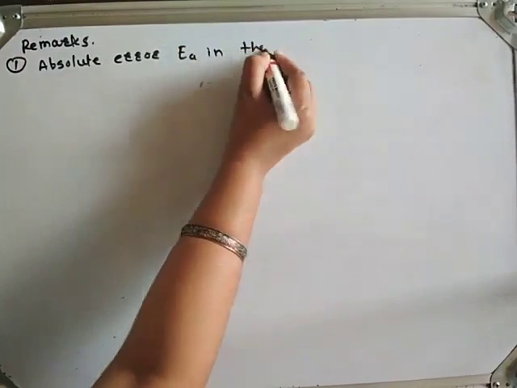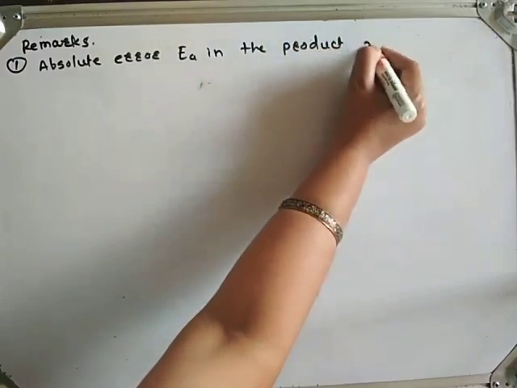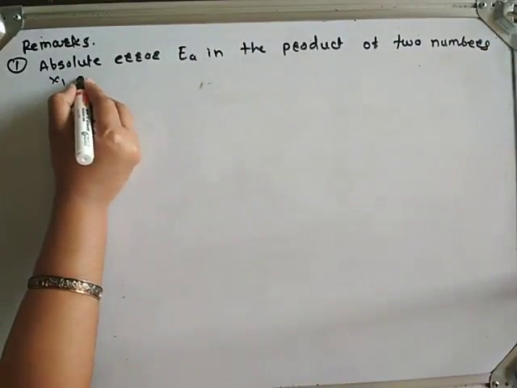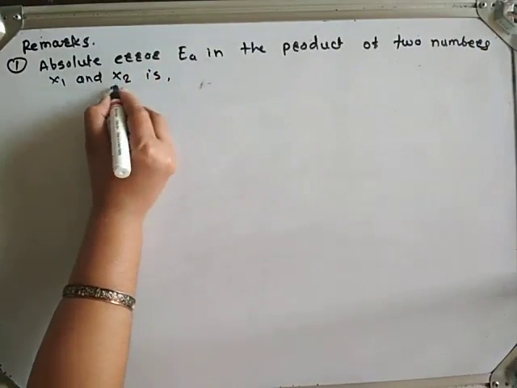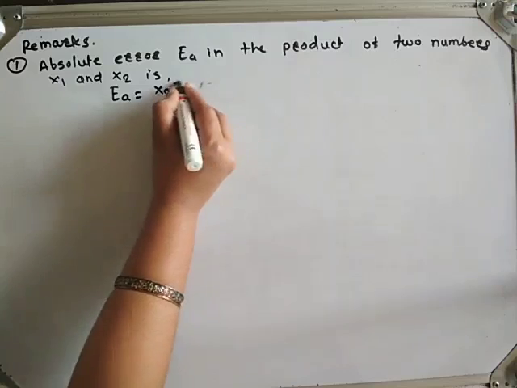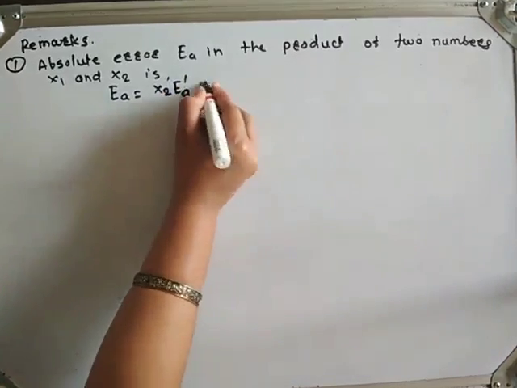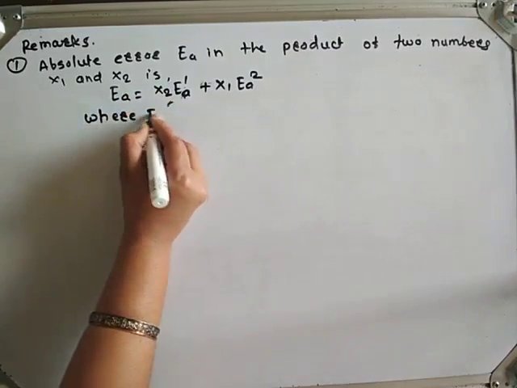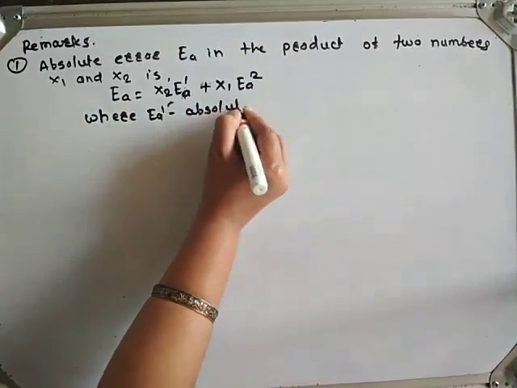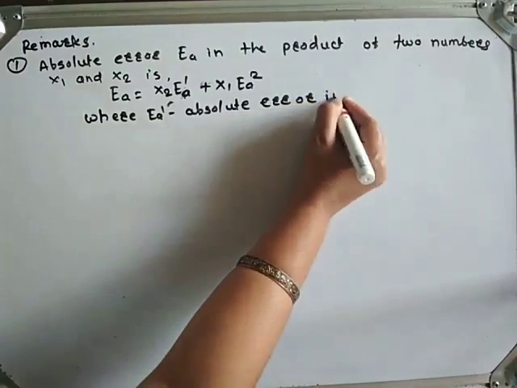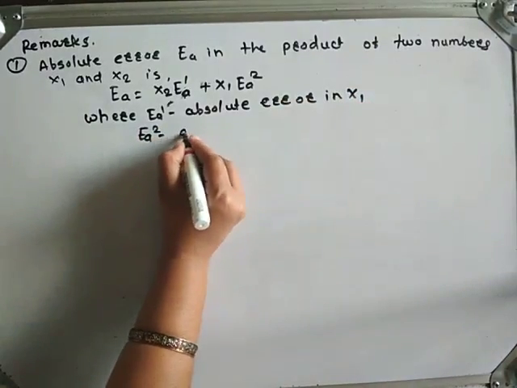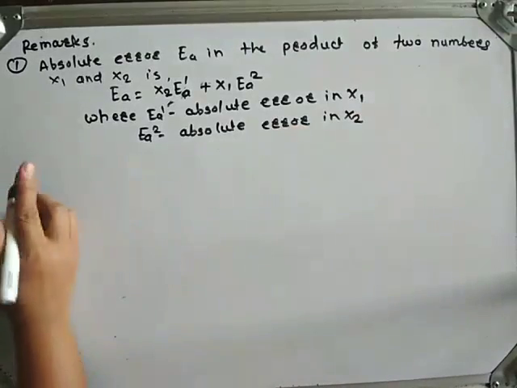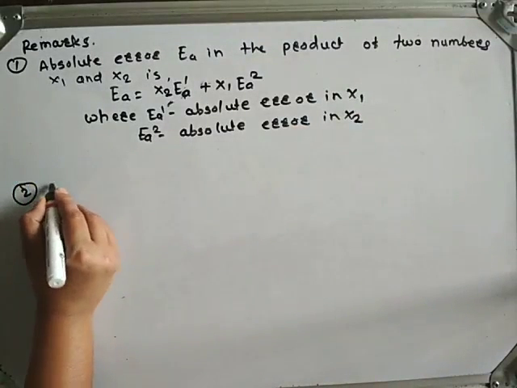EA in the product of two numbers x1 and x2 is denoted by EA equals x2 into EA1 plus x1 into EA2, where EA1 is the absolute error in x1 and EA2 is the absolute error in x2.